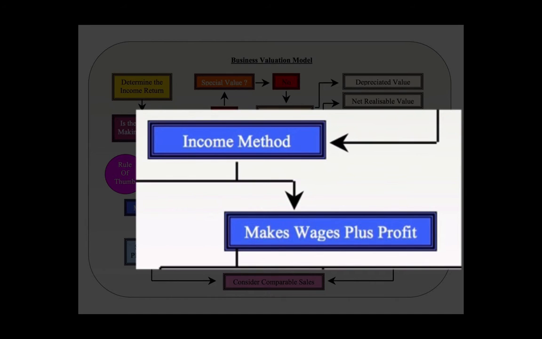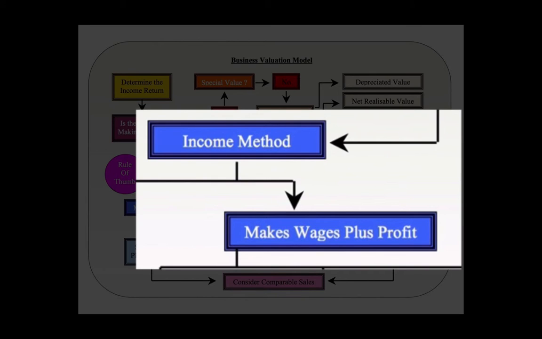Now let's look at where a lot of the larger businesses fit in, because the owner's wage isn't as relevant here. Making wages plus some decent sort of profit. So we're looking at a genuine profit multiple here.